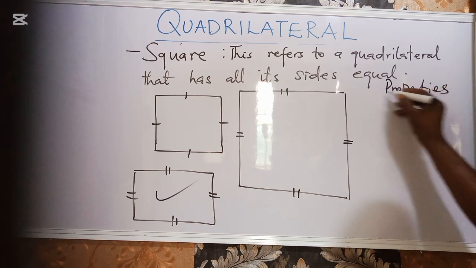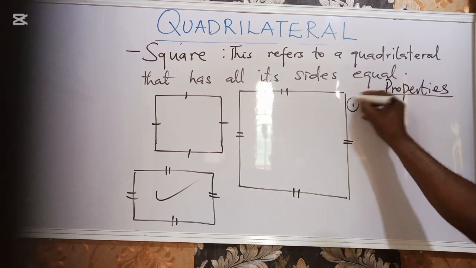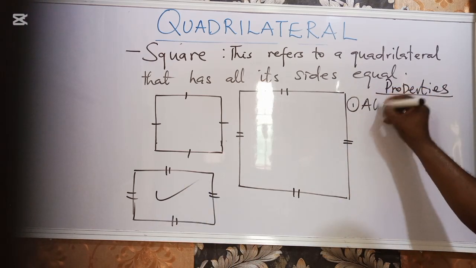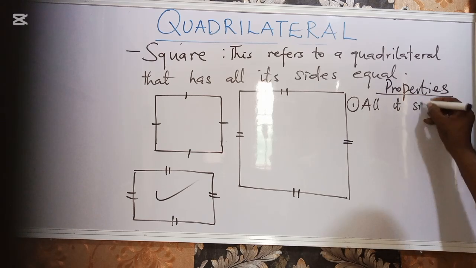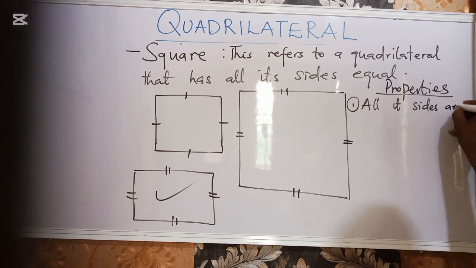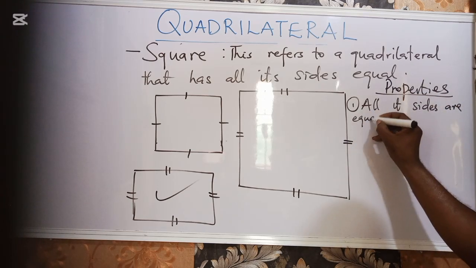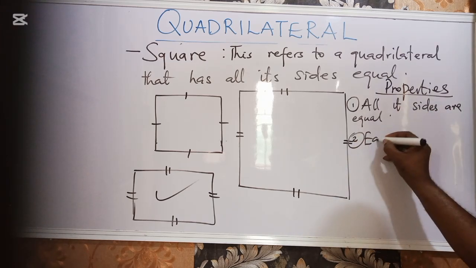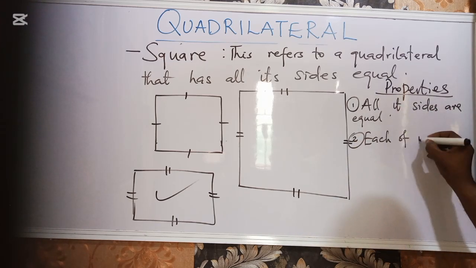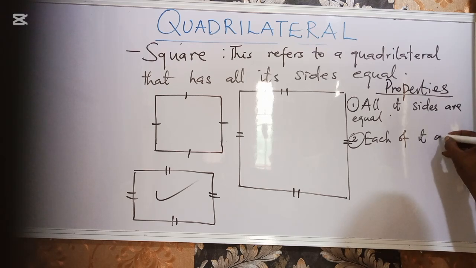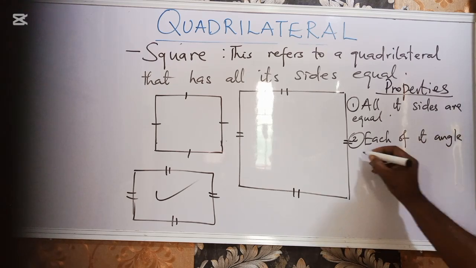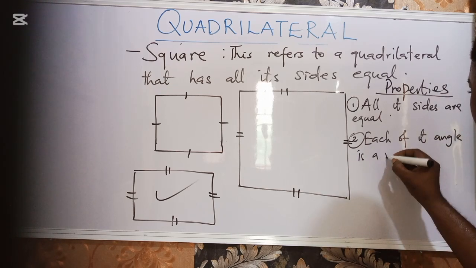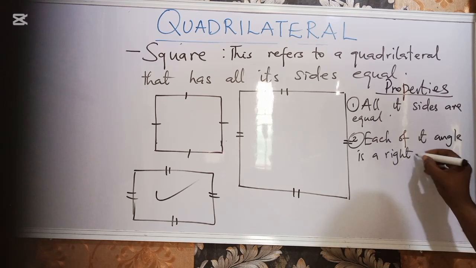You know, you have gotten 3 before. Now this one, the first property is that all its sides are equal. Number 2, the same thing like rectangle, each of its angles is a right angle.